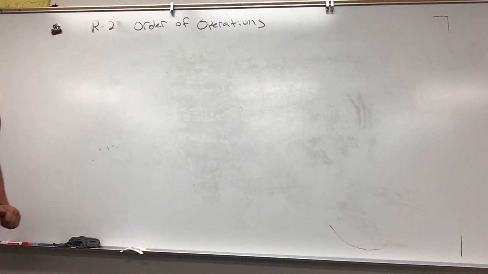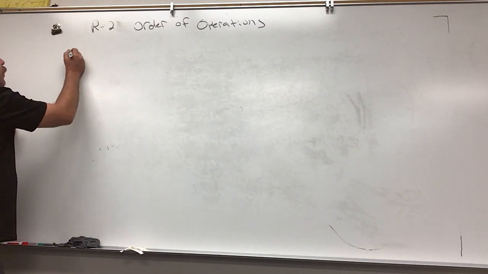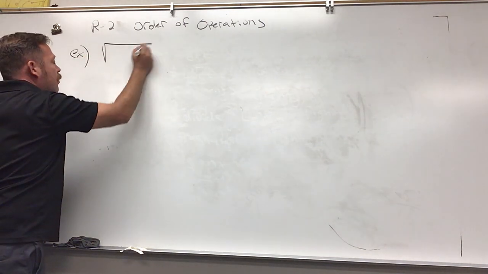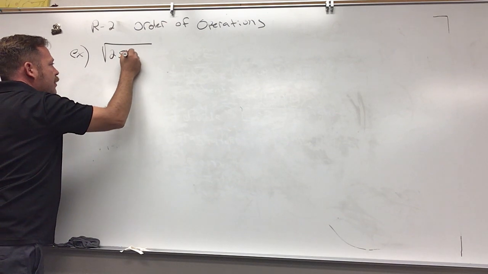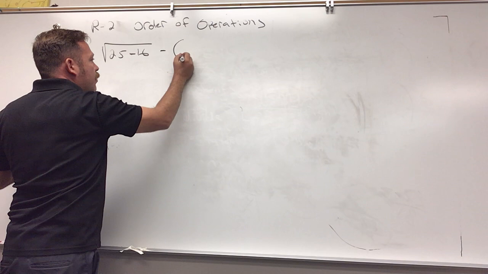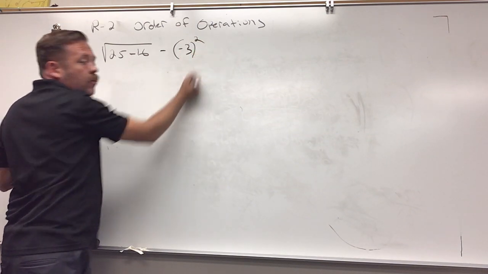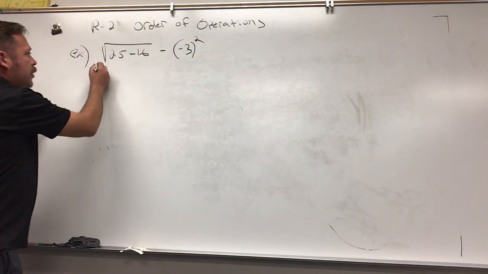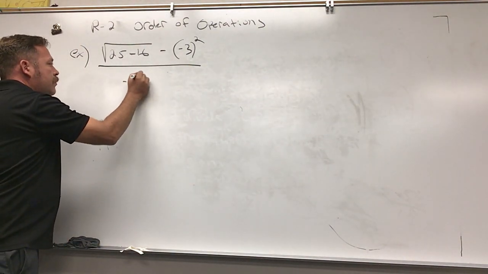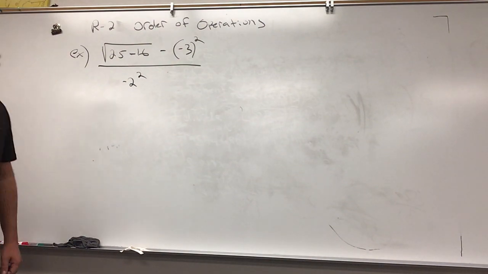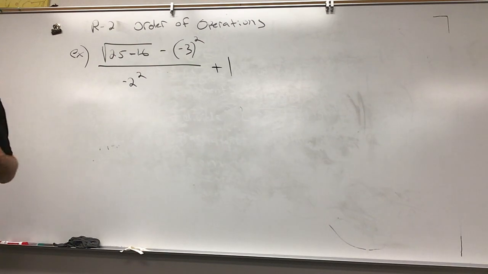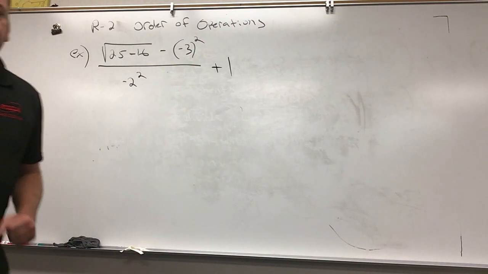So what we have here is the square root of 25 minus 16, minus, in parentheses, negative 3 squared on top of negative 2 squared, plus 1.